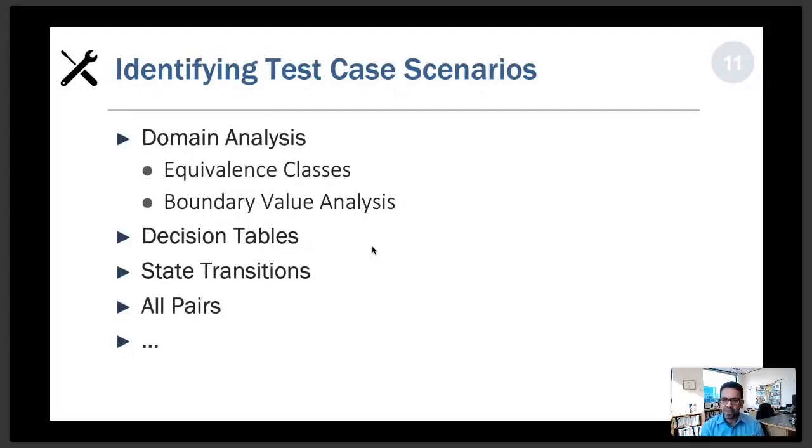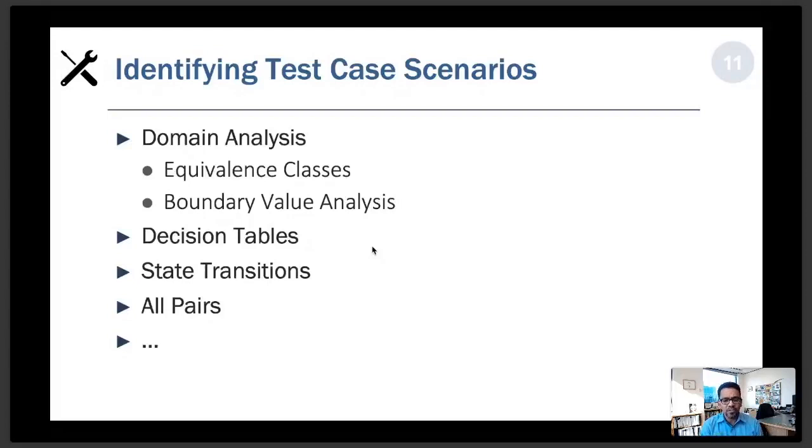And then you have cases in which you have a large number of variables with a large domain, and you will not be able to test everything. So you need to make a decision here, how much will be enough. So there is this idea of all pairs, which is making sure you're testing every pair, not all the possible combinations. That's a little bit over the board for the intent of this talk.